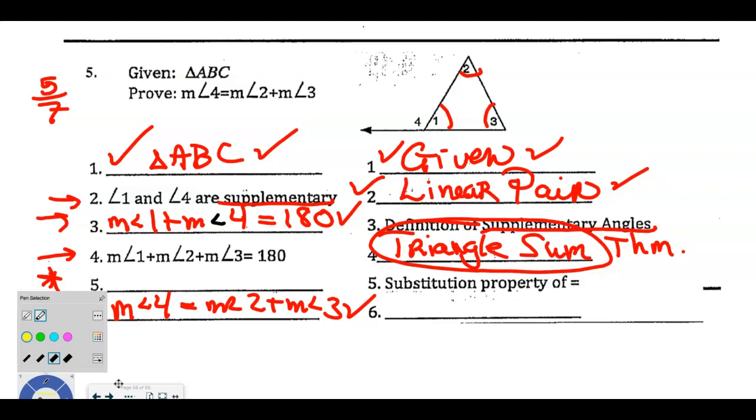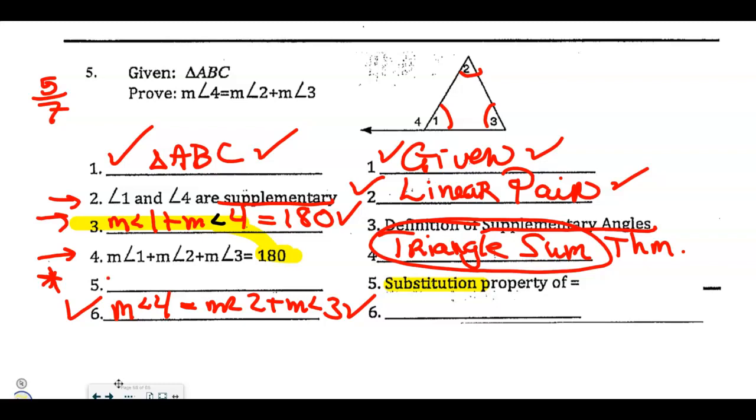I am going to take this. You might want to circle it if you don't have a highlighter. Because it says it equals 180, and it says I'm supposed to use the substitution property, I'm going to substitute it in for the 180. Whenever 2 things are equal, you can swap them out.